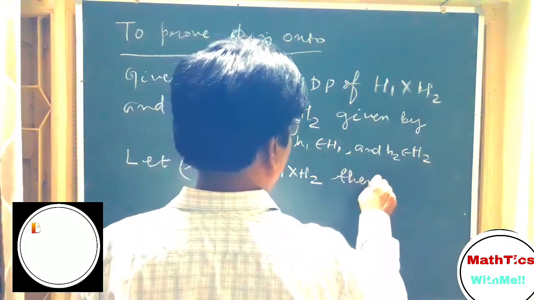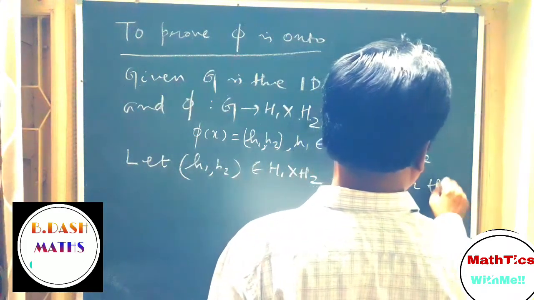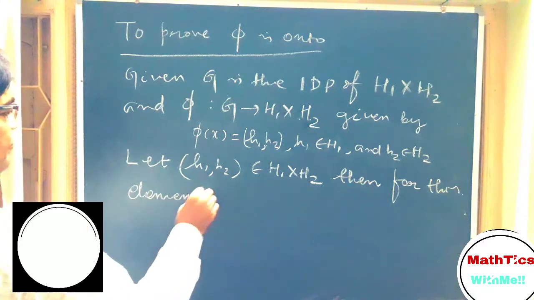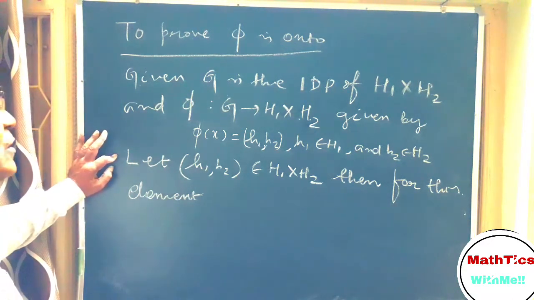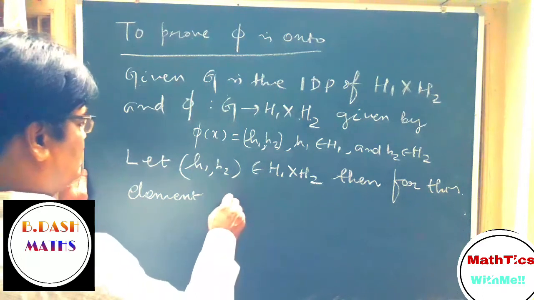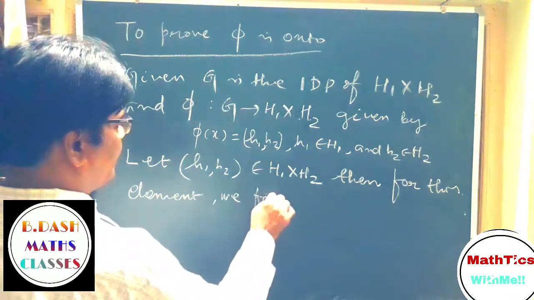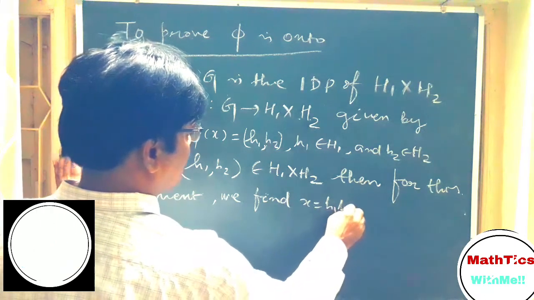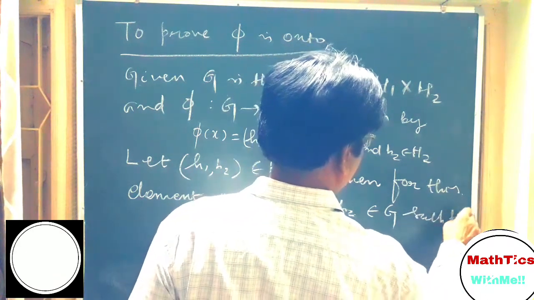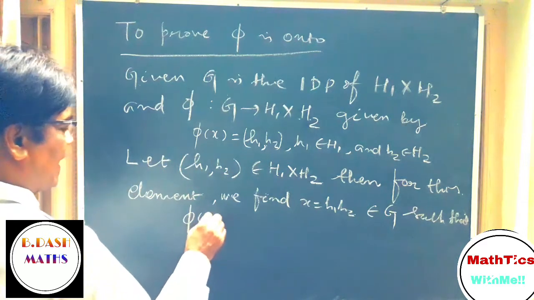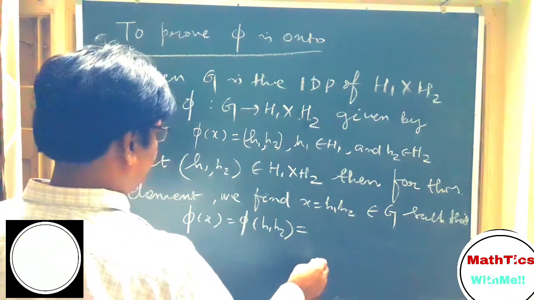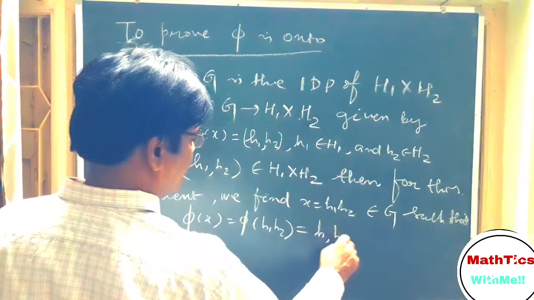Then for this element, we find x is equal to h1 h2 belonging to G, such that phi of x is equal to phi of h1 h2 is equal to how much? Now (h1, h2).